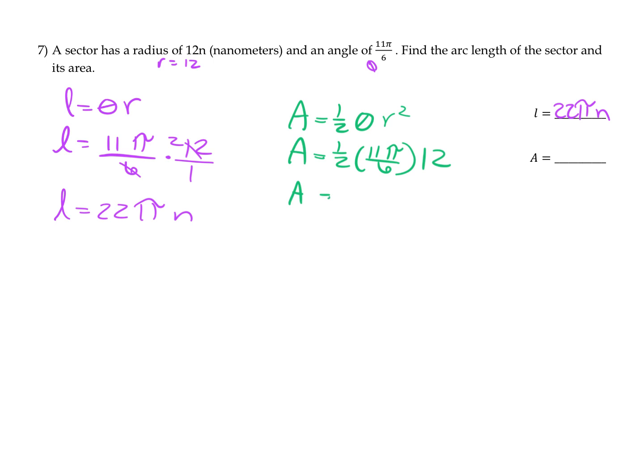So my area, 12 squared. So that's 1/2 times 11 pi over 6 times 144. Just put all the numbers together. 2 times 6 is 12, 12 goes into 144 12 times. So 12 times 11 is 132 pi. So this is 132 pi nanometers squared.